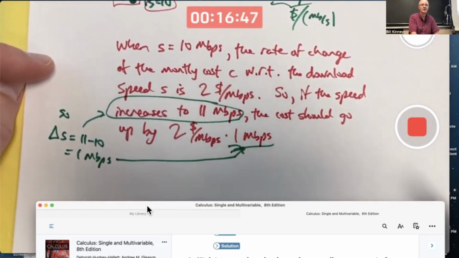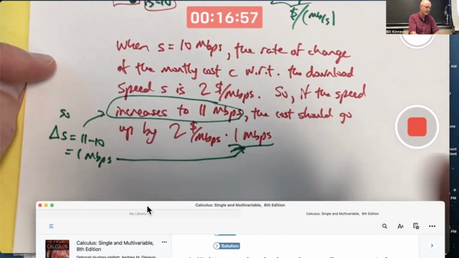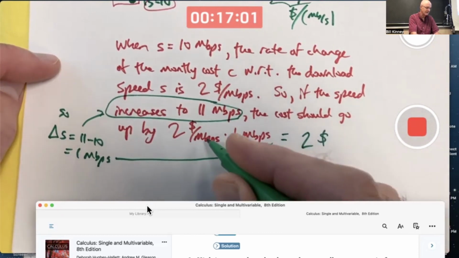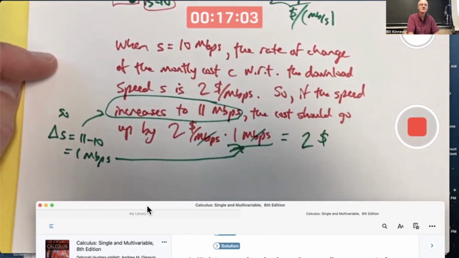It's the fact that it increased from 10 to 11. It increased by 1 megabyte per second is the reason you multiply by 1 megabyte per second. Don't multiply by 11. This simplifies to $2. The megabyte per seconds cancel. That's why it's important to think carefully about your units.